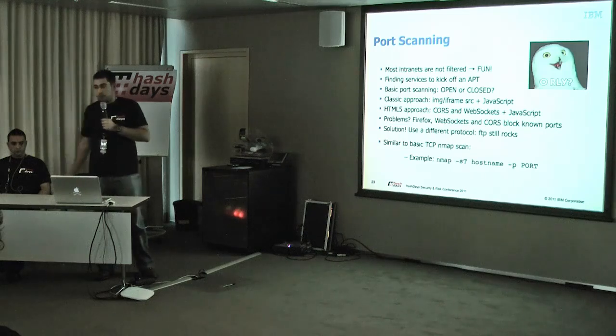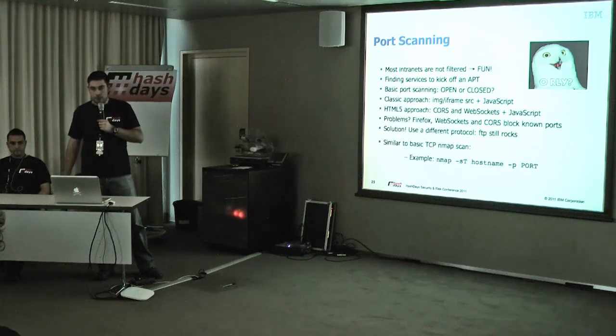There are some problems with these approaches because WebSockets and CORS took some things into consideration when designing them. So there are some security measures for that. If you try to load a known port like SSH 22, it will tell you no, you cannot access that, because I'm pretty sure that there is nothing there that you are looking for.